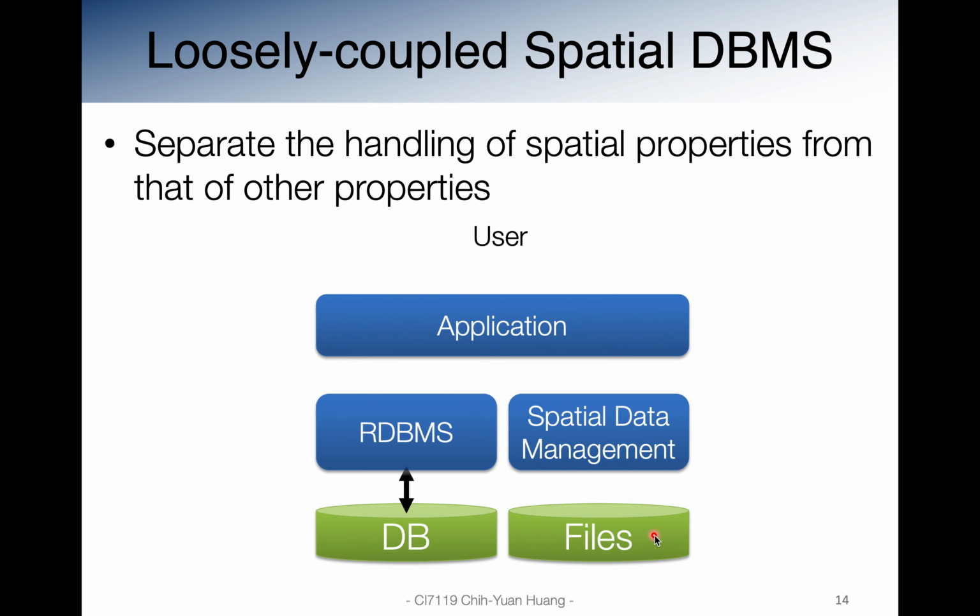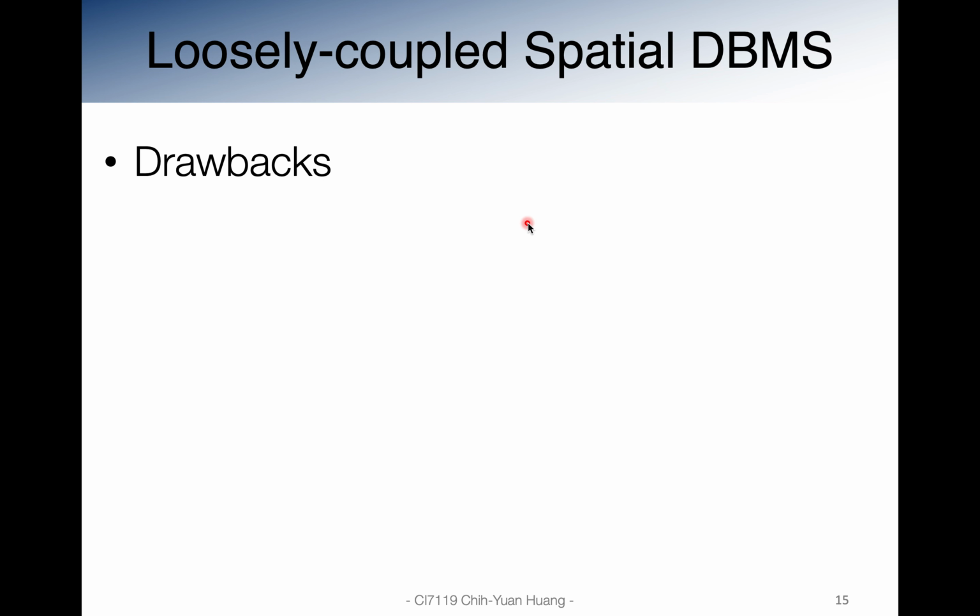The application handles the integration of these two data management solutions. The general data is managed in the RDBMS, the geospatial data is managed in the spatial data management system, and then the application can combine the information from these two and answer back to the user.